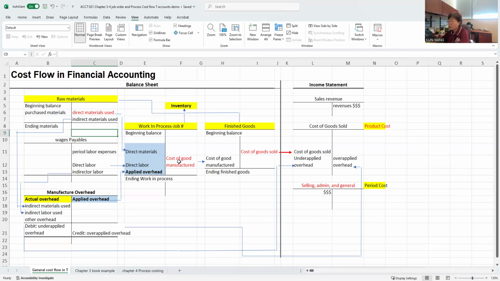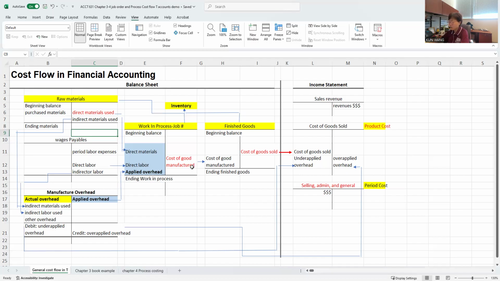So this cost represents the cost for the finished products in this period only, not the cost inputs. It's part of your cost inputs, because not all of the products we started have been finished. So cost of goods manufactured, remember or understand it: that's the cost for the completed finished units, which are ready to be sold to customers.